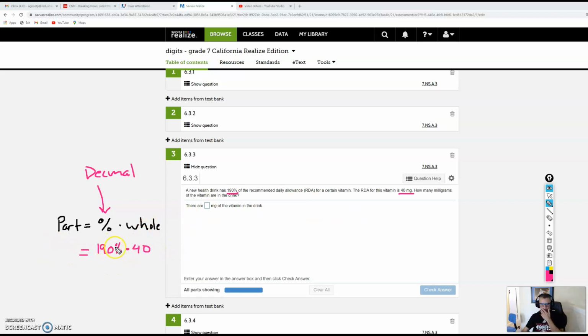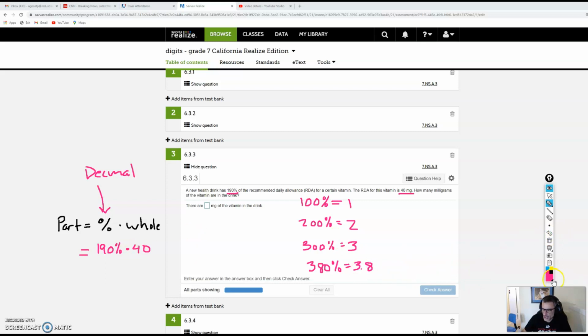All right, so obviously we have to convert 190% to a decimal. Well, if you remember what I just told you, 100% as a decimal is equal to 1, 200% in decimal form is equal to 2, 300% is equal to 3, 380% is equal to 3.8.